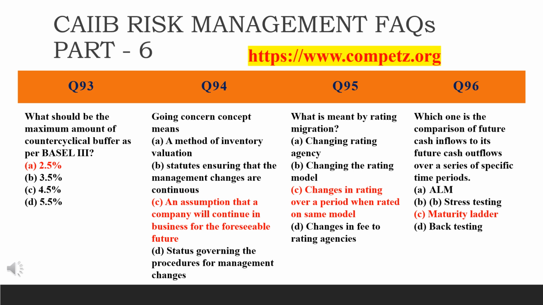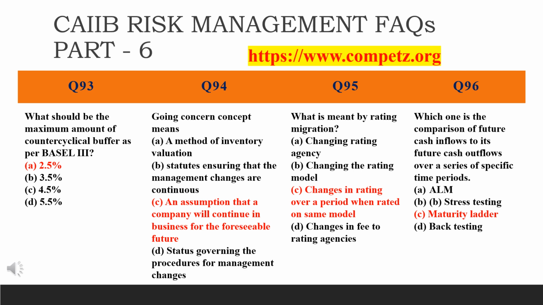There are 4 options given: 2.5%, 3.5%, 4.5% and 5.5%. Answer is 2.5%, option A. Why? Because the maximum countercyclical buffer prescribed under Basel III guidelines is 2.5% of the risk weighted assets. The CCB is to be maintained as CET1 capital.